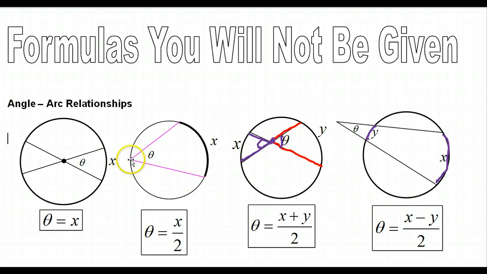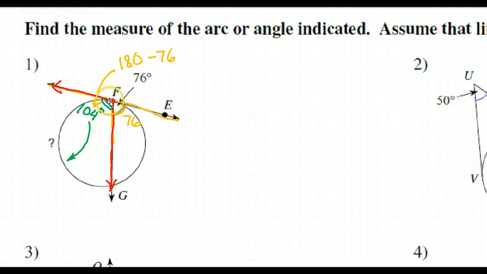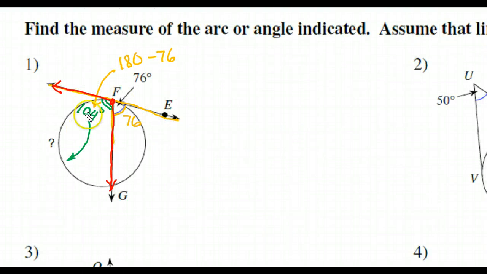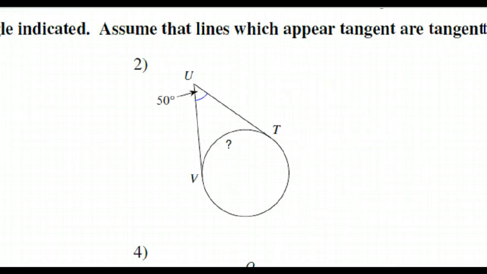Because the vertex is on the edge in this formula, and the vertex is on the edge right here. So the relationship is going to be the same. The angle is half the arc, or the arc is double the angle. So if this is 104 degrees, that means this will be 208 degrees. Okay, so that's number 1.